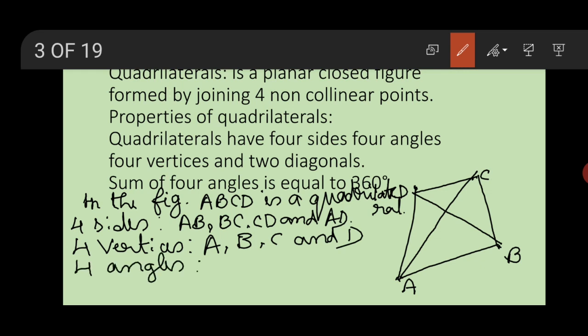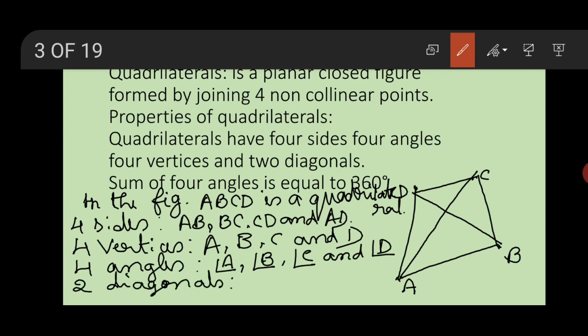The four angles are angle A and angle B, then angle C and angle D. And two diagonals in the figure, AC and BD are the two diagonals. And sum of four angles is equal to 360 degrees.